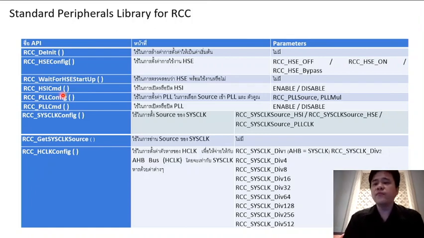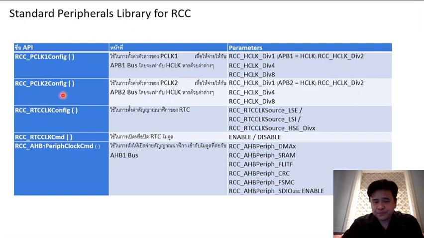Okay, we move a little bit to the next one. What we have here, we have PCLK1 and PCLK2. PCLK1 is the clock for the APB1 bus, and for APB2 we have PCLK2. Then you can specify parameters such as divide by 1, divide by 2, divide by 4, divide by 8. It depends on your speed, right?